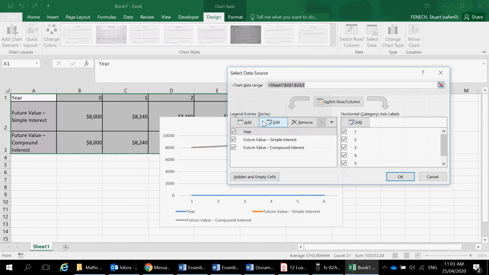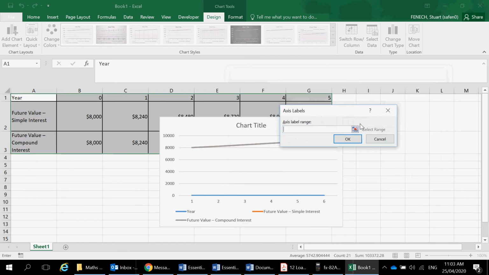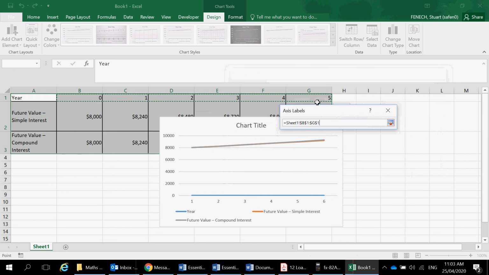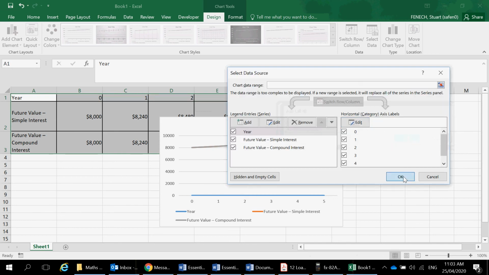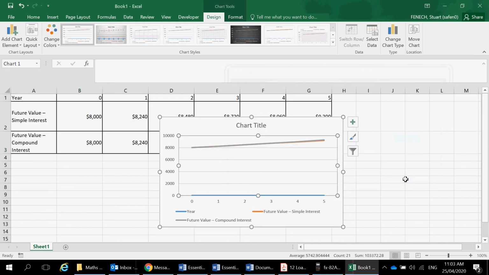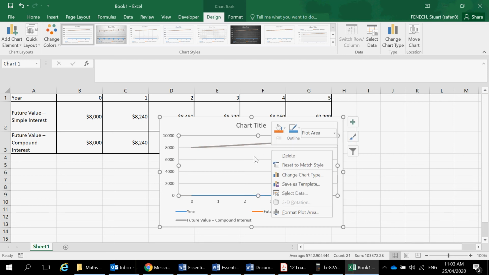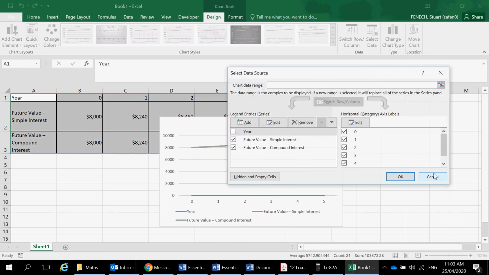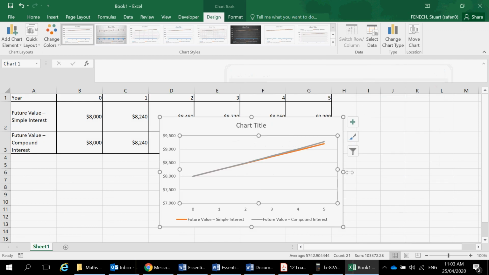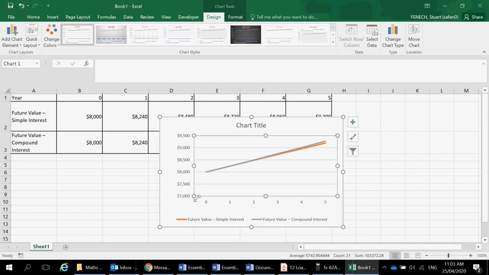So the horizontal axis should have been that. That's a bit better. And select data, year shouldn't be showing as data. That's a lot better.